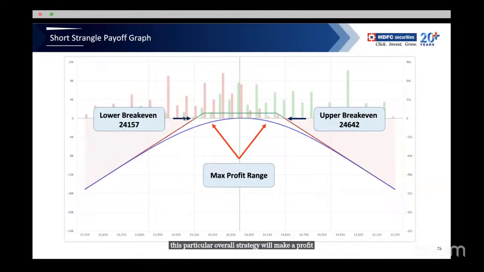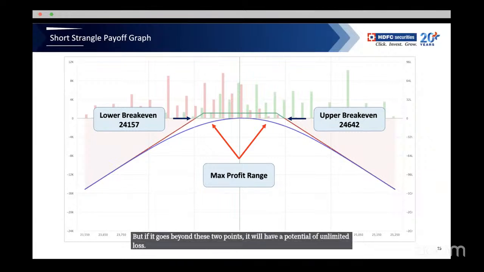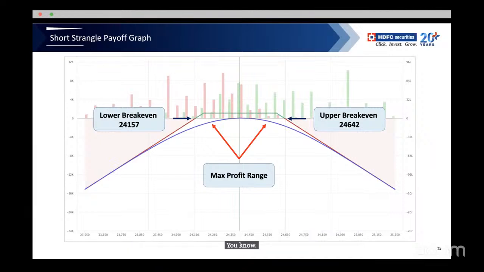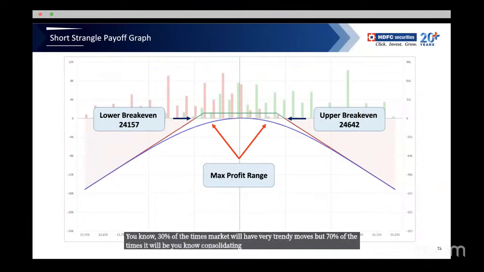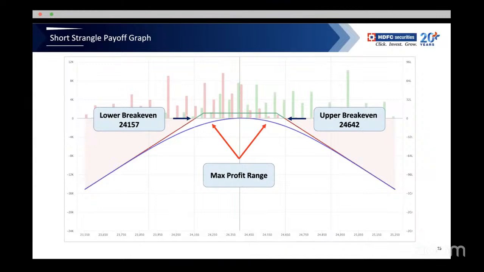Okay, but if it goes beyond these 2 points, it will have a potential of unlimited loss. Okay, so 30% of the times the market will have very trendy moves, but 70% of the times it will be consolidating or a little bit trendy, like it will not go very far beyond 5% or 8% or 10%, right? So that's why the short strategies are more common.